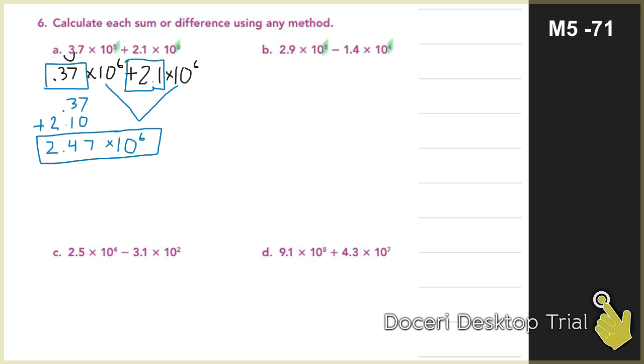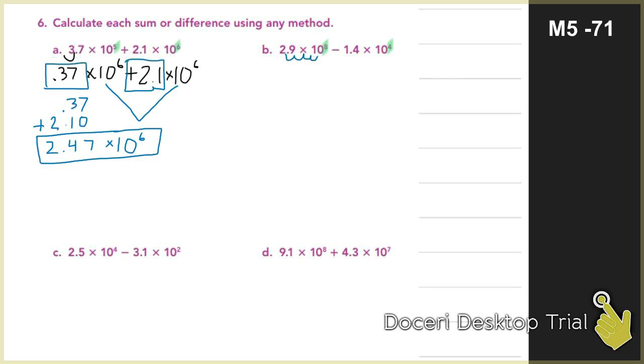So I'm going to convert 2 9/10 times 10 to the 8th and turn it into something times 10 to the 4th. Okay, so I know if I'm doing that, I need to move my decimal to the right because I'm really shrinking the amount of times that I'm going to move it when I get my standard form.